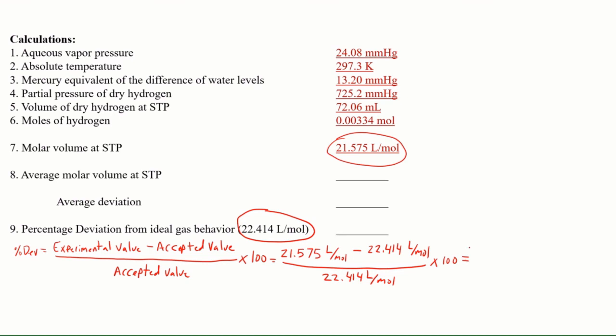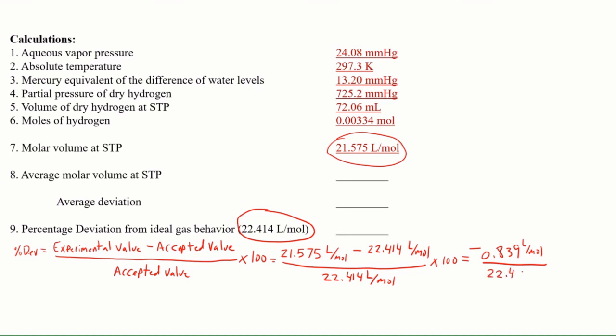We find that I have a negative deviation of 0.839 liters per mole, and I have a negative deviation because my experimental value is lower than the accepted.